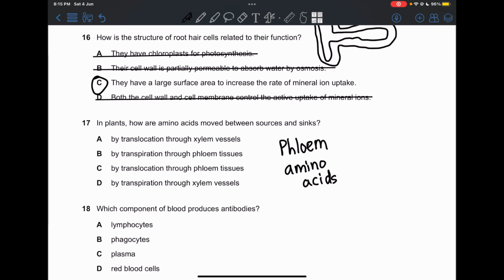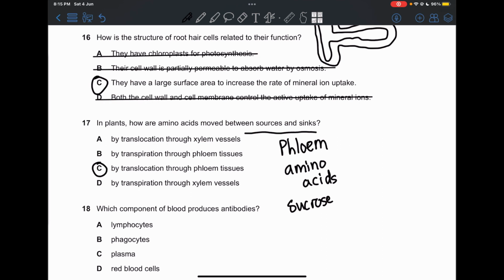So we're going to be choosing an option with translocation because they said between the sources and sinks, which gives us a hint that this is about translocation. So by translocation through phloem tissues, not xylem.